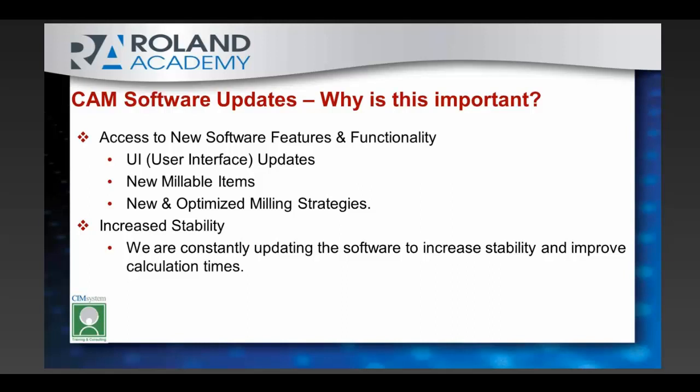So as issues come up, definitely communicate those to your reseller, and they'll be a good conduit of information back to us. When you pay for that maintenance update, it doesn't only get you new features, but also fixes to older problems, as well as better functionality in terms of processing times and things along those lines.